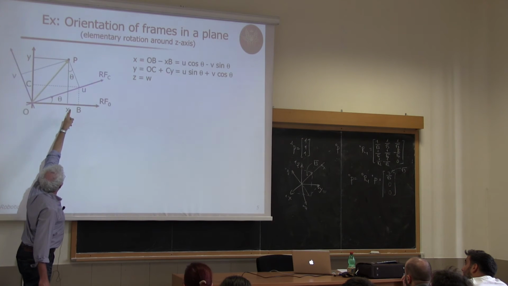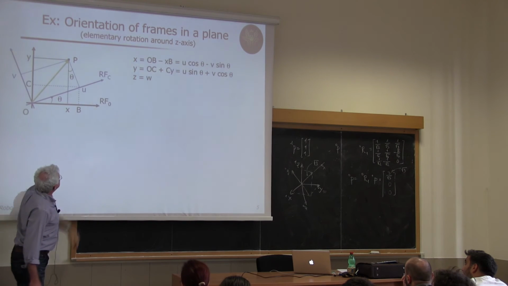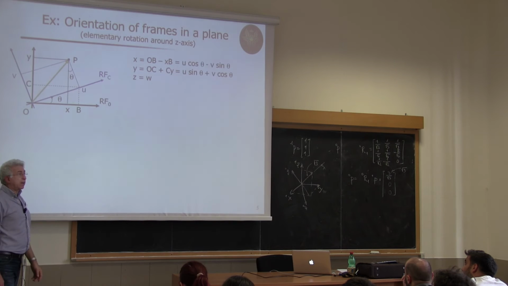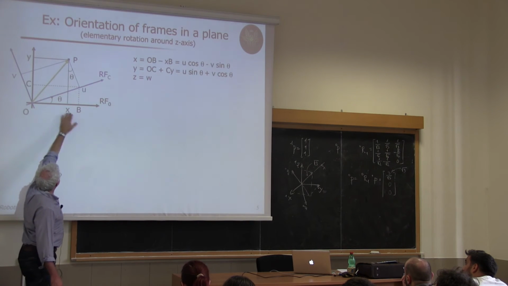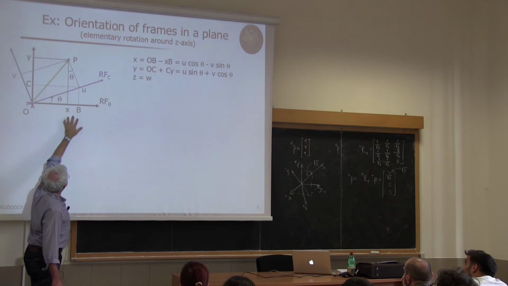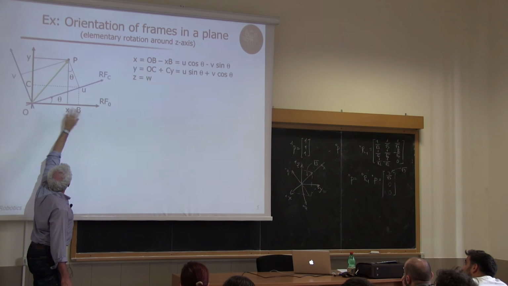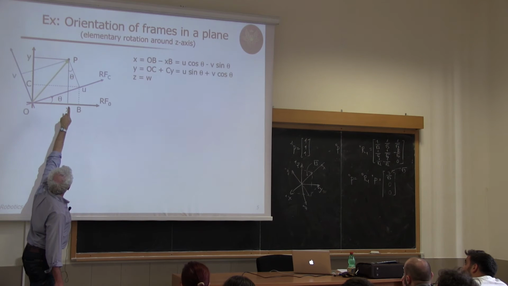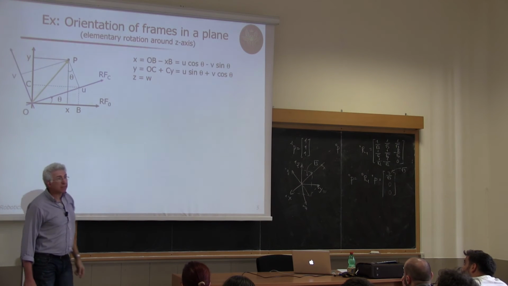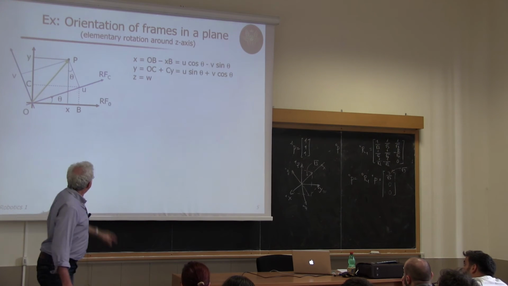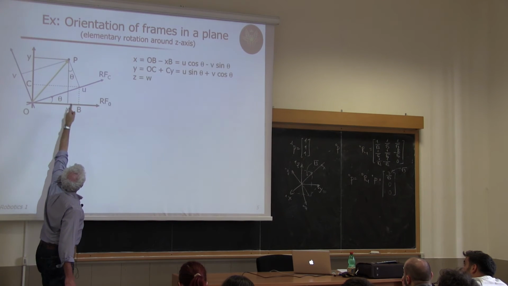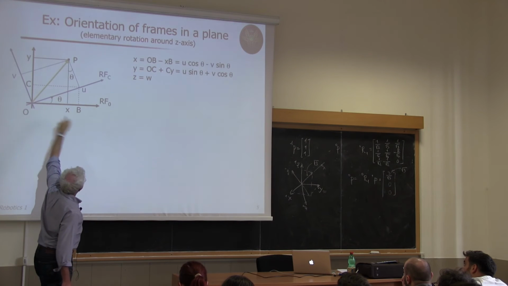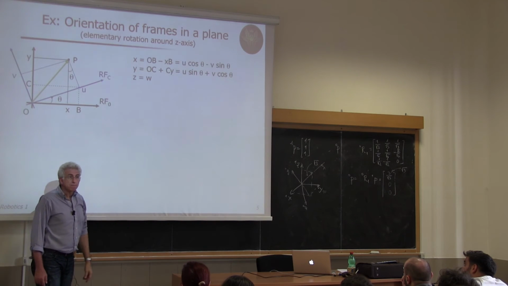But OB is just U times the cosine of theta, where theta is the angle by which I have rotated the frame. And then I have to subtract this, but due to geometry, I know that that angle over there is exactly theta, and so this part is just the sine of theta by the arc, which is nothing else than V. Okay?